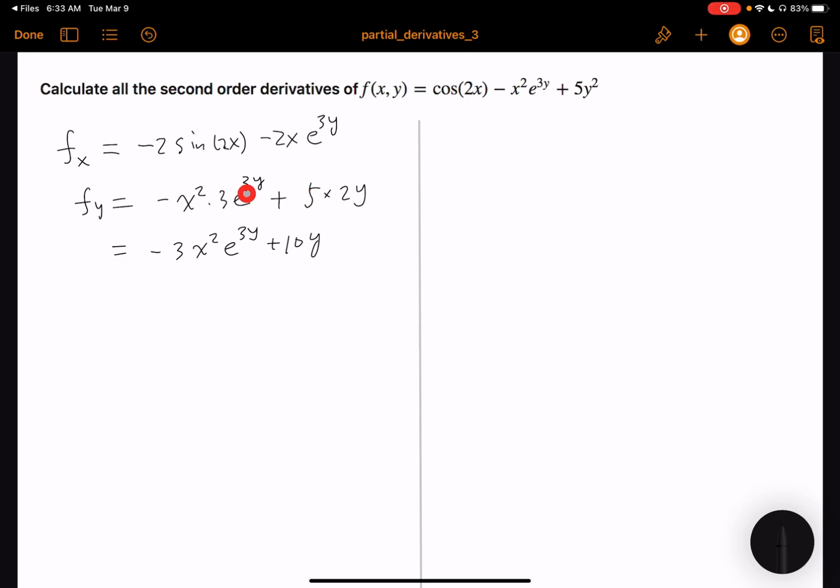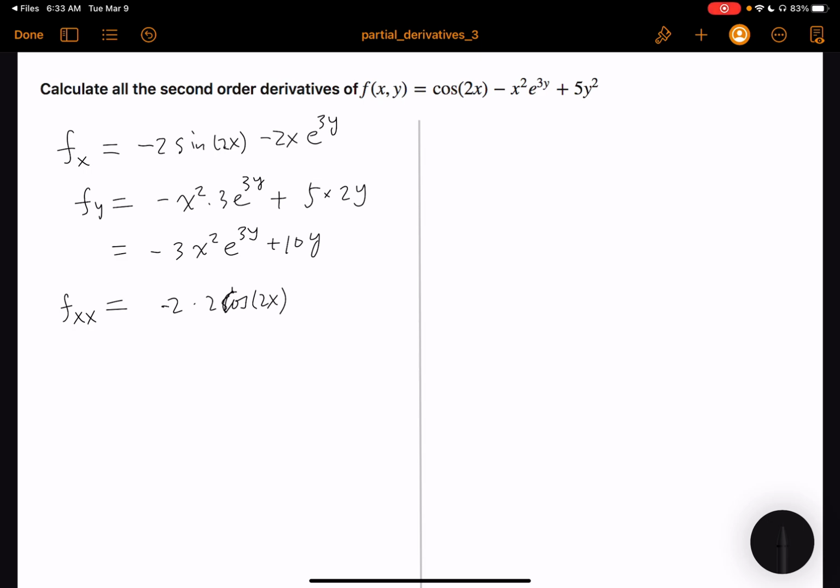Let's look at the second order. So fxx is equal to, we need to take a derivative of fx with respect to x. So the first item is -2 times 2 cosine 2x, because the derivative of sine 2x with respect to x is 2 times cosine 2x.